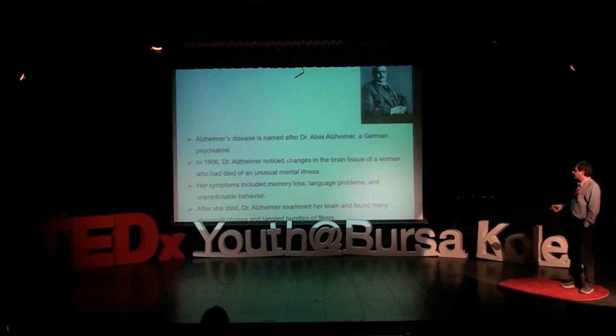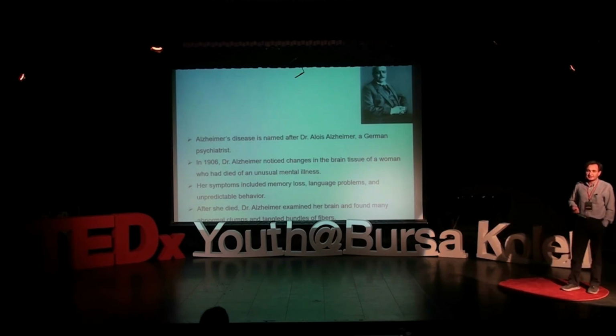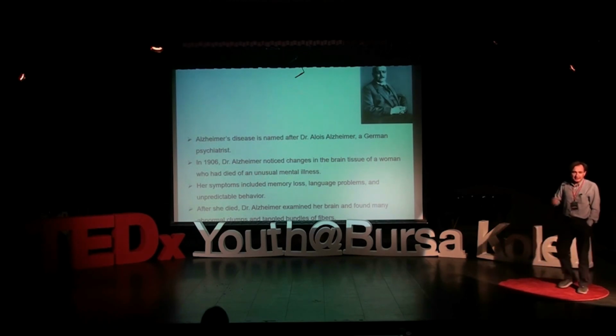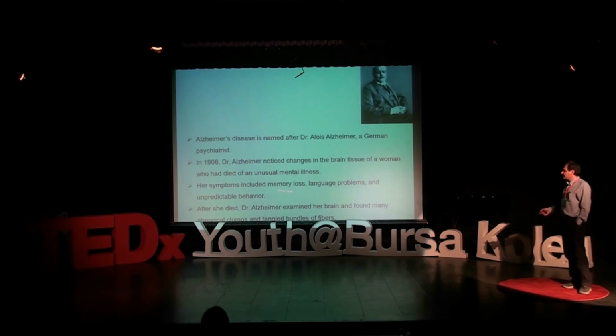Alzheimer's disease is named after Dr. Alois Alzheimer, who was a German psychiatrist. In 1906, he noticed changes in the brain tissue of a woman who died of an unusual illness which was not described at that moment. Her symptoms included memory loss, language problems, and unpredictable behavior.